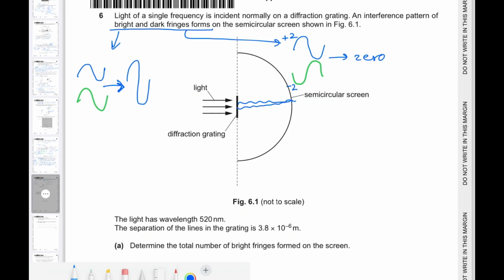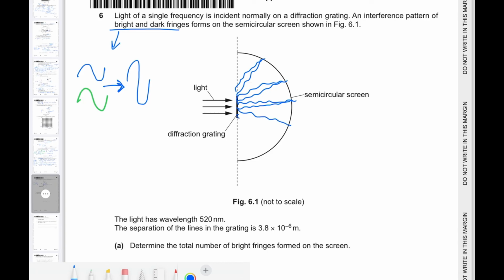the screen, where you will have a central bright fringe surrounded by a series of bright and dark fringes. And these fringes are given numbers.